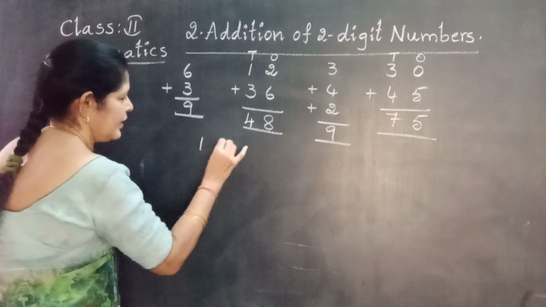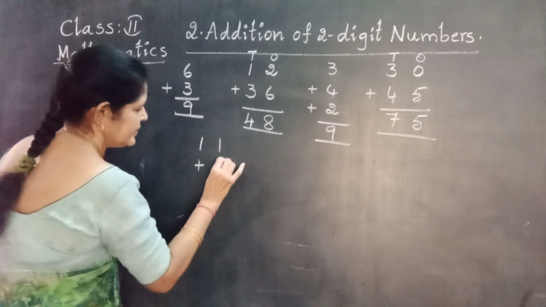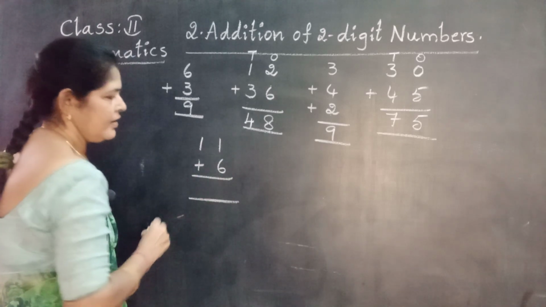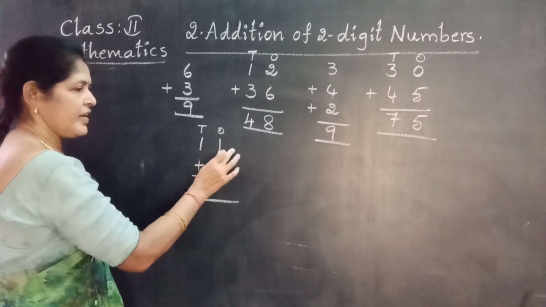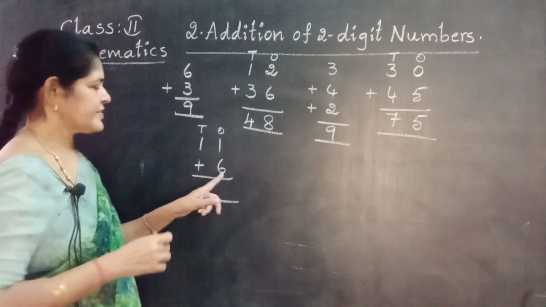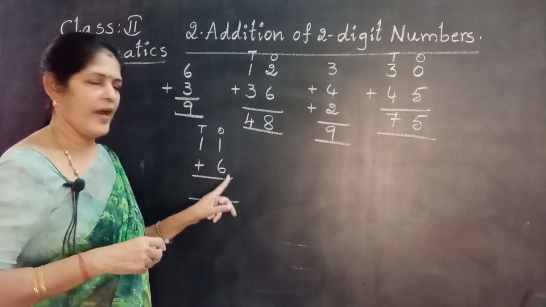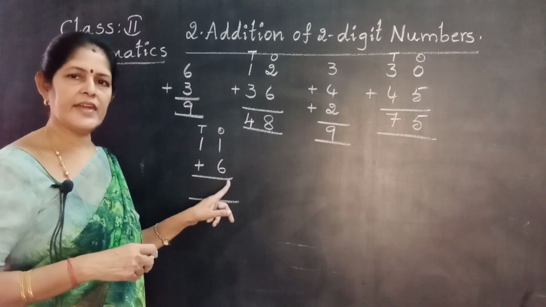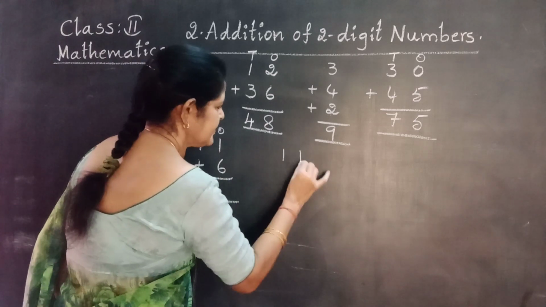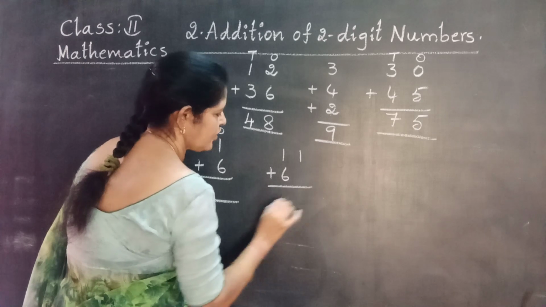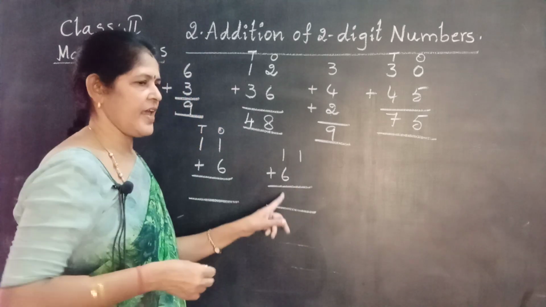Another one. 11 plus 6. Ones place, tens place. 11 is a two-digit number. 6 is a one-digit number. A one-digit number is always written in the ones place only. If you write it like this, your addition is wrong. This is a common mistake.